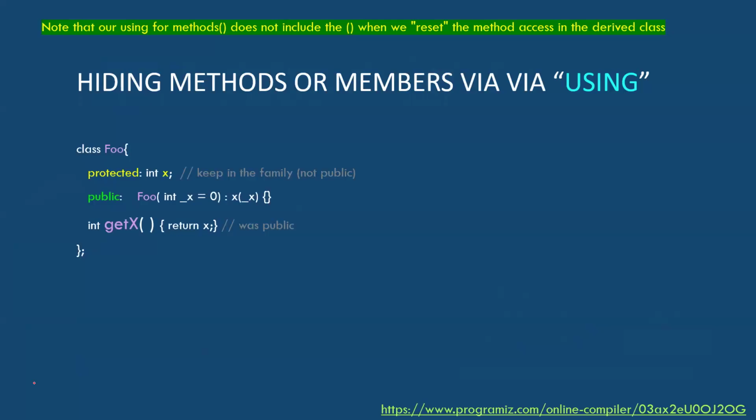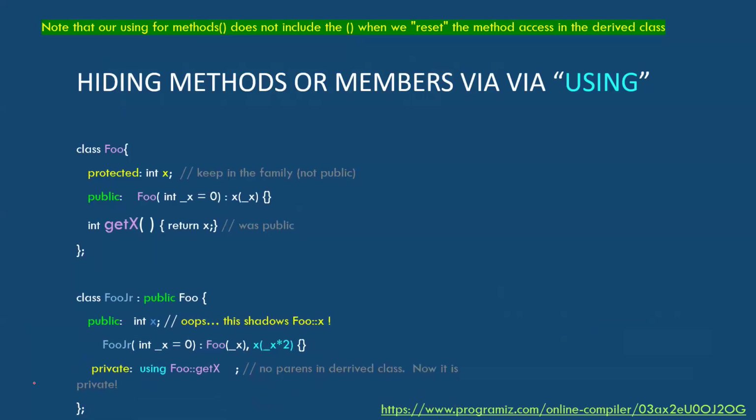Okay. Now we can use it in the opposite direction too. I can hide things. So let's say there was a public getX in our base class, and I want it to be hidden. So now I can say using base class getX, pull it into the private space. And now it's no longer there. Okay. So notice we always preface it with the base class name, scope resolution operator, name of method, no parentheses here.